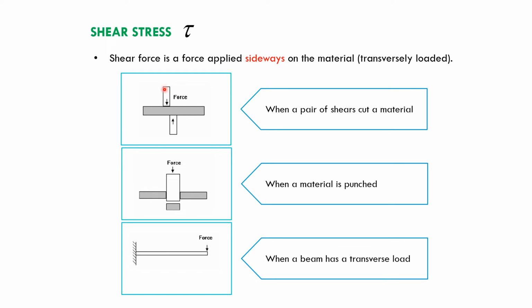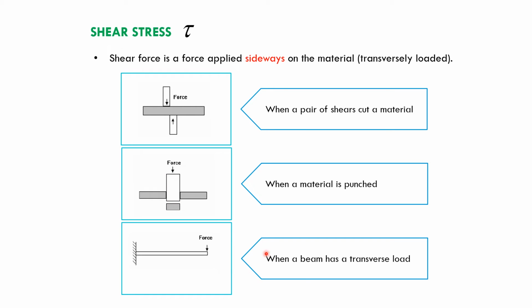In this other one, the force comes from the top and the material breaks in the middle. When the material is punched, this is the removed material, and it creates a hole in this part. The force is applied from the top and breaks the material here.